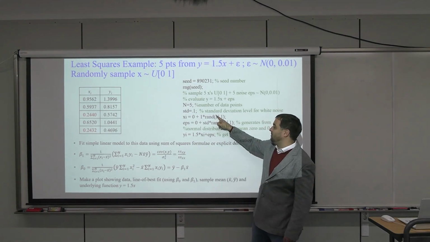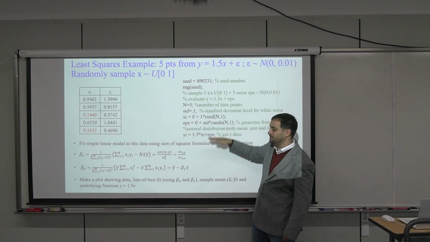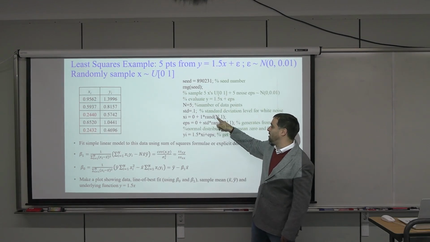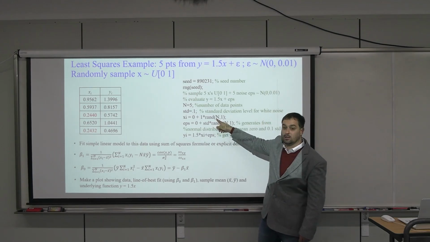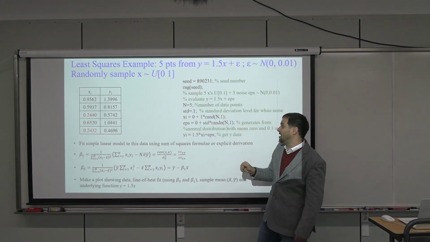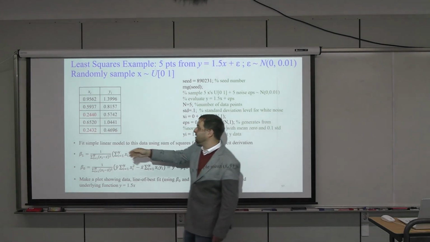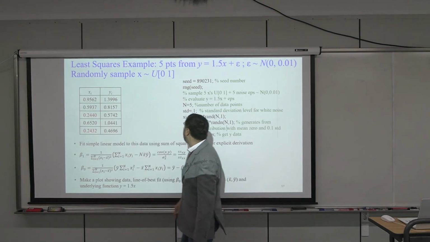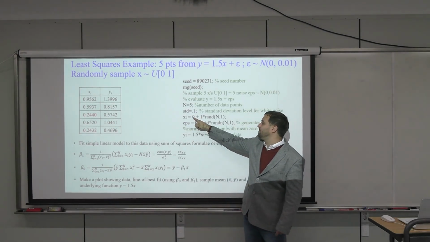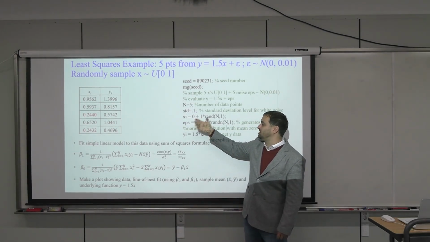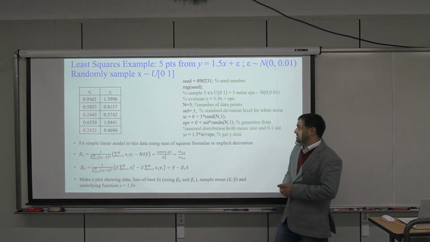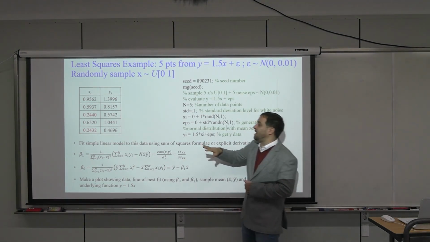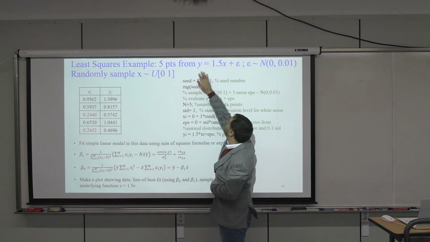And then I'm going to make a column vector of n comma 1. So this gives me a column vector with 5 random numbers between 0 and 1. And that's what we got here. Of course, if we change the 0 and 1, then we can just do a uniform distribution on a different range of x.